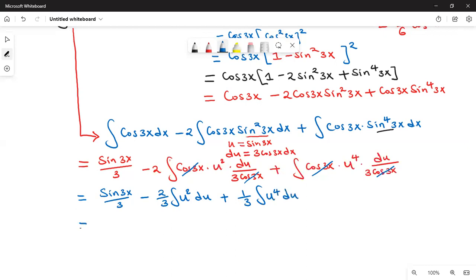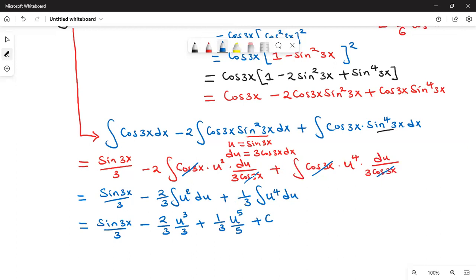And so this will give us sine 3x over 3 minus, remember, add 1 to the power using power rule. So this will give us 2 over 3 u cubed divided by 3 plus the other one is 1 over 3. So when you add 1 to the power, you get u raised to 5, then divide by 5 plus a constant c.